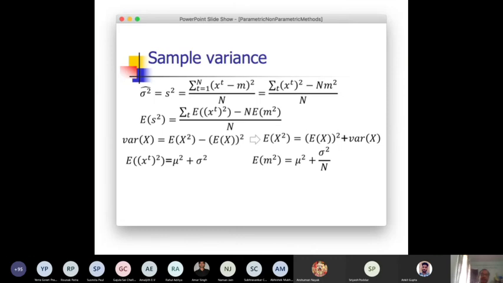Now m has become a random variable here. Its expectation is mu and its variance is sigma square by n. So the same expression you have shown is also applied here, and you can just simply use that result. You substitute it in the numerator, and you get a very interesting observation.